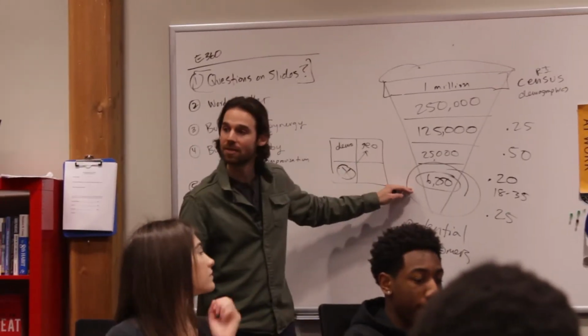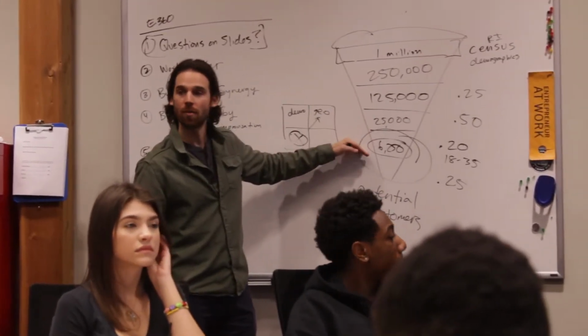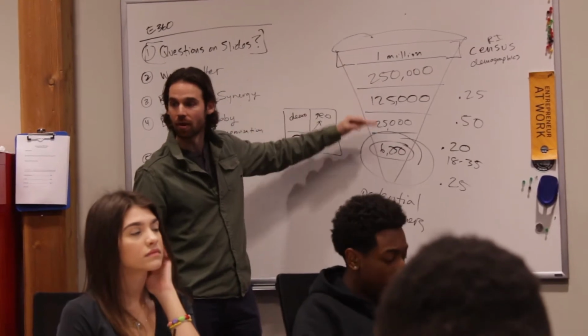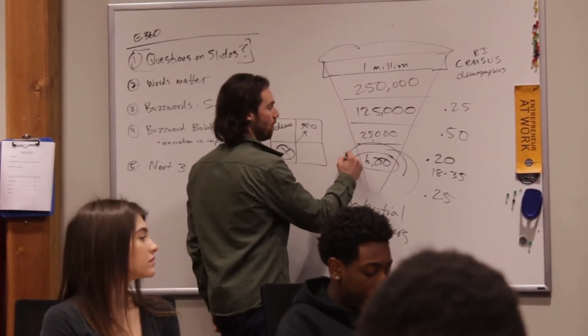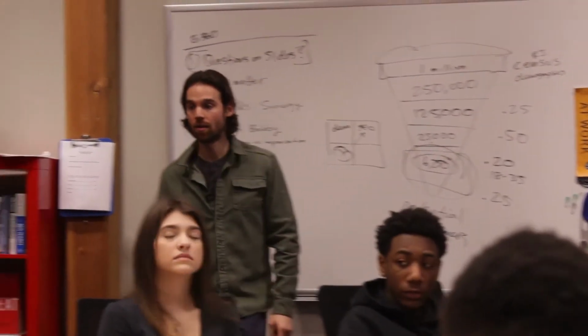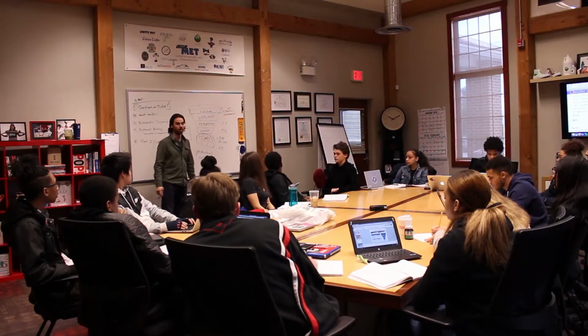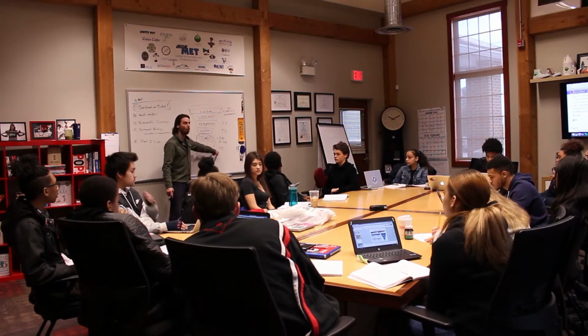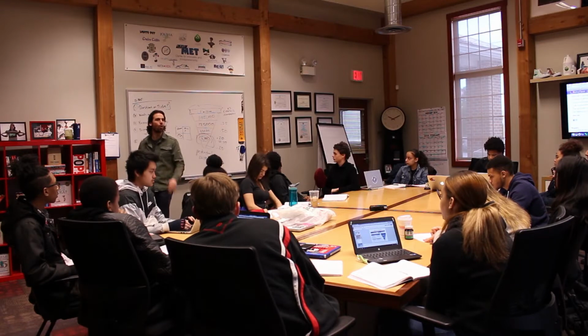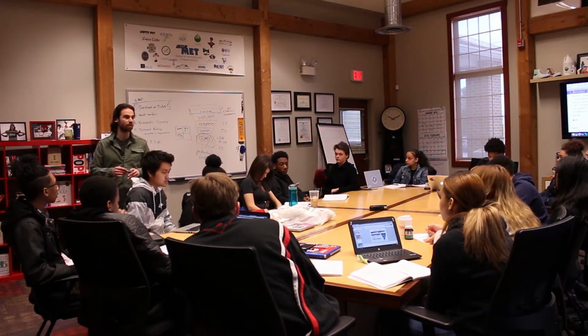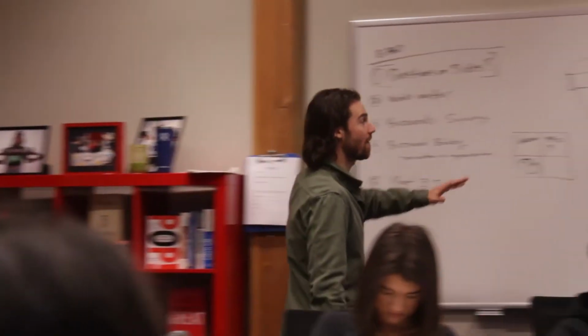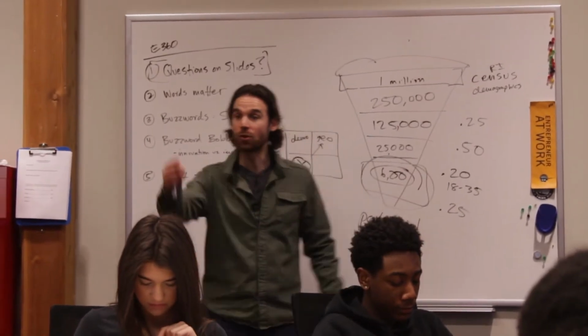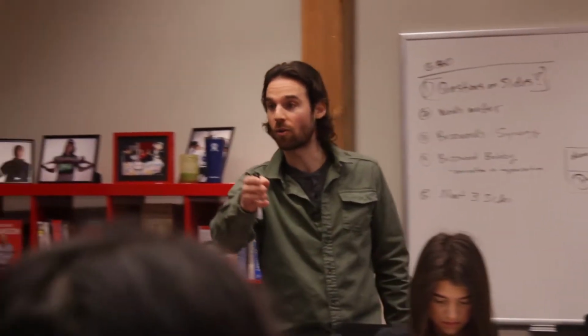This last piece is a survey of you targeting the people that you've designed this funnel for. What does that last number say? 6,250. Okay. 1 out of 4 said, I would totally use your catering service. That's how the funnel works, but you've got to find those little numbers all along the way.